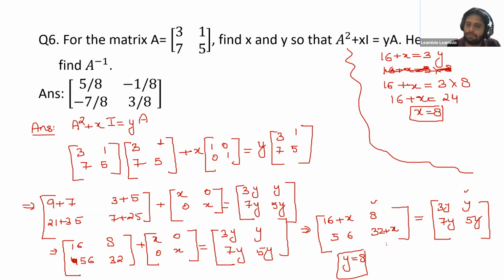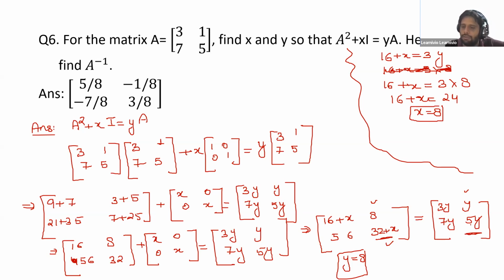Please check this from the other equations also, or you can put the value here. We'll put x over here, we'll get 40, and y is 8, you will get 40. So if you find the value of x from these two equations also, then you will get 8 only.